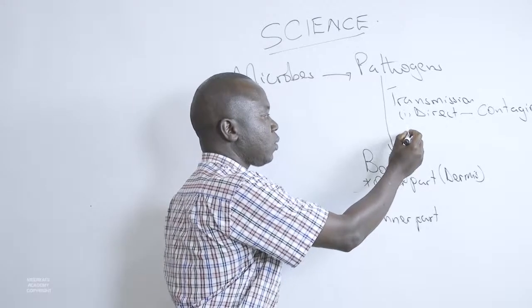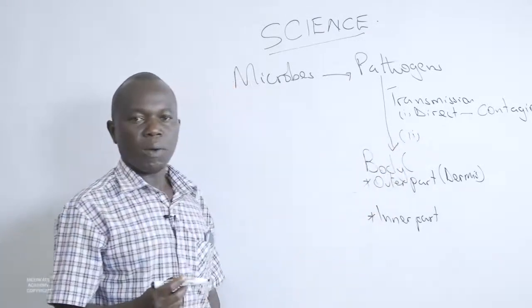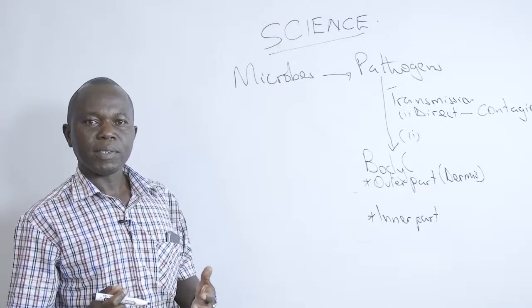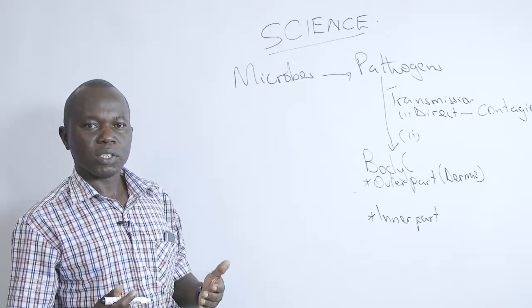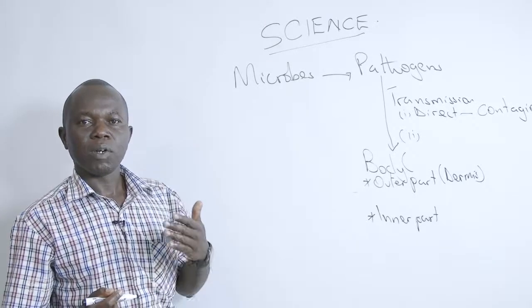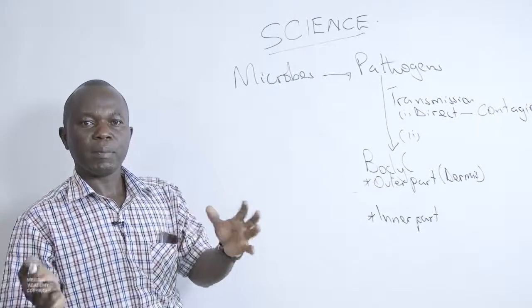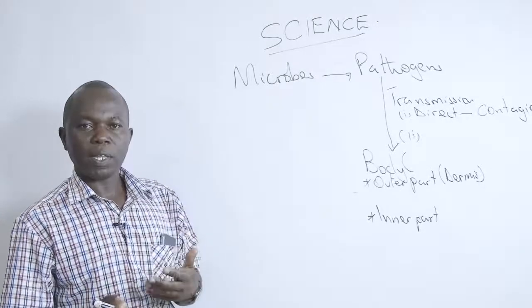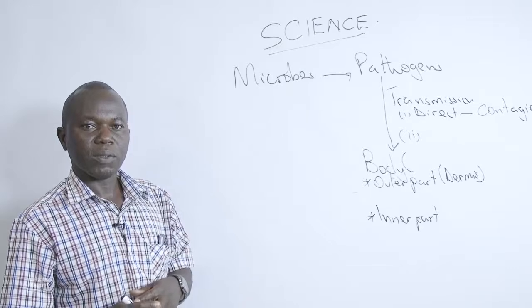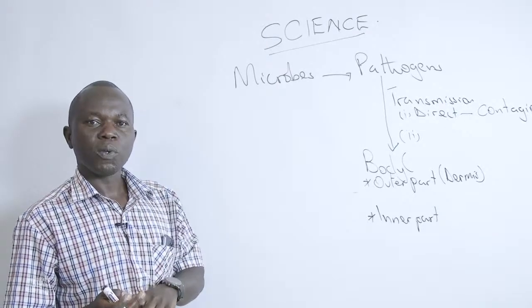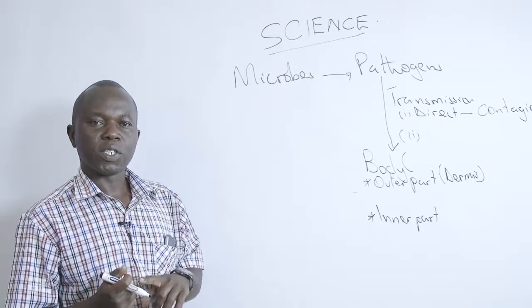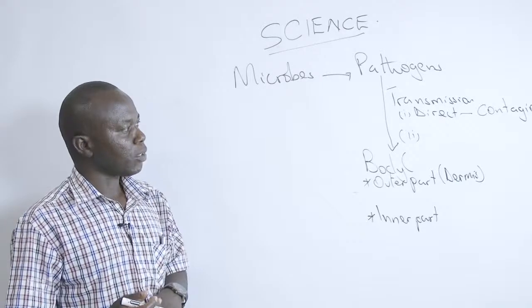And then two, we were able to find out that sometimes these pathogens or microorganisms could be transmitted through other media, for instance, through air, through water, through food, or through other particles.